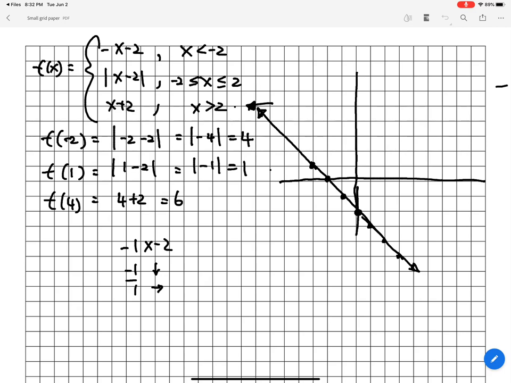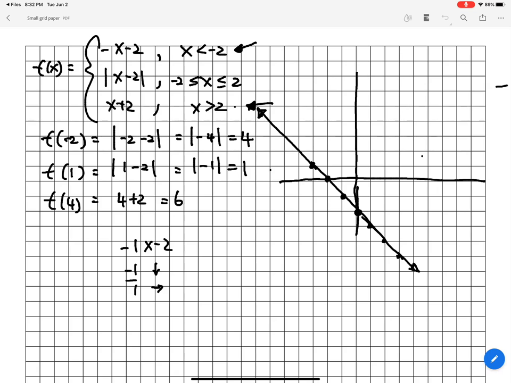Now, the issue here is once we graph it like normal, because our domain is restricted, I am going to erase the sections of it that are not in the domain. So that means anything that is greater than or equal to negative 2 has to be erased. Any points with an x value greater than or equal to negative 2 has to be erased.